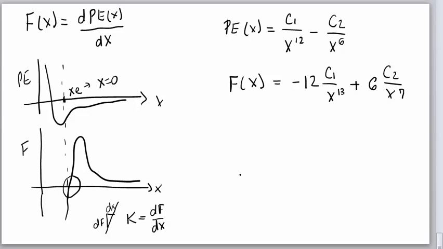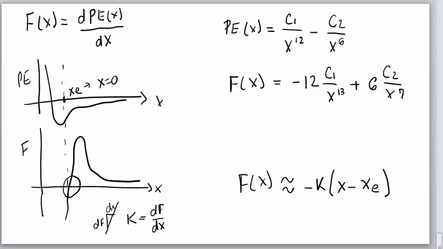So we can make the approximation that f of x is approximately equal to minus kx, which we know from our force equation for a spring, and in this case x is going to be x minus x equilibrium. Okay, so we're close to getting this approximation of two balls on a spring for our atoms.